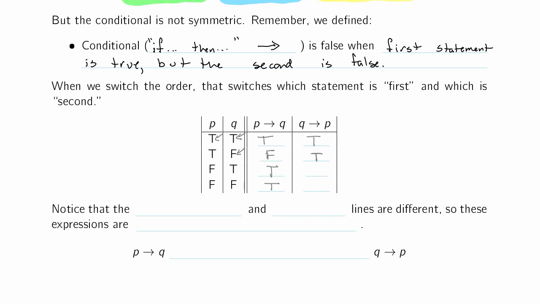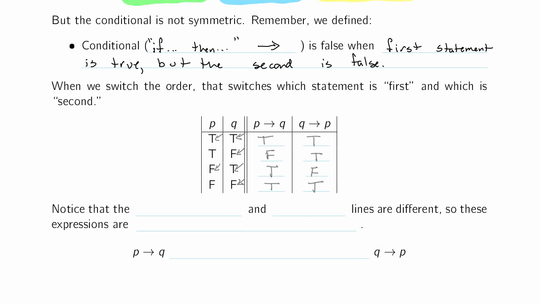The conditional is true. In the third, Q is true, P is false. First statement is true, second is false. That's what makes the conditional false. And then in the last row, Q is false, the conditional is true automatically.